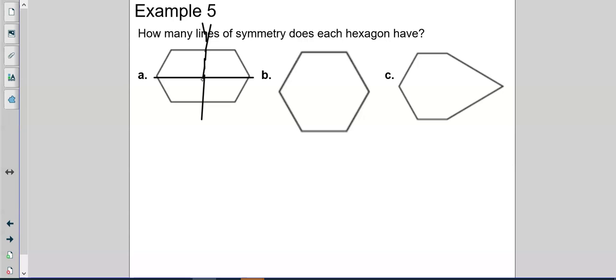Now, if I try to fold it this way, it would not fold over equally. It would not look right. So, that is a no. So how many lines of symmetry does this one have? It has 2.